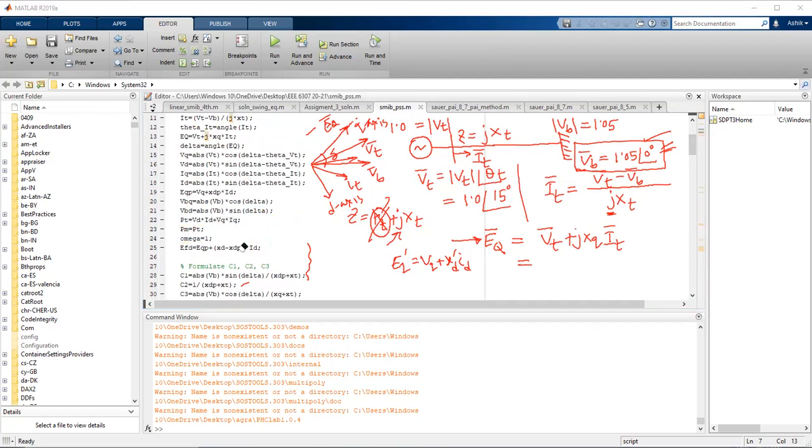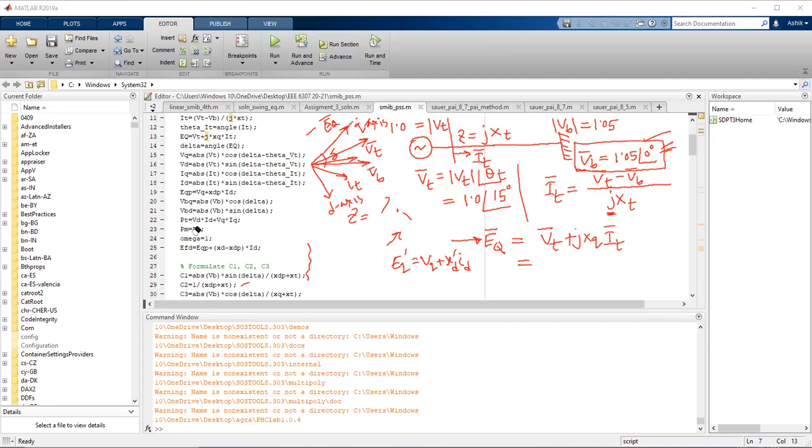Then you can calculate VBQ, the Q component of the VB phasor, and VBD, the D component. Then you can calculate the actual PT available in your network, because this value is not given explicitly. At line number 22, once you have VQ, VD, IQ, and ID, you can use this expression of PT, that is VD-ID plus VQ-IQ, which was derived earlier.